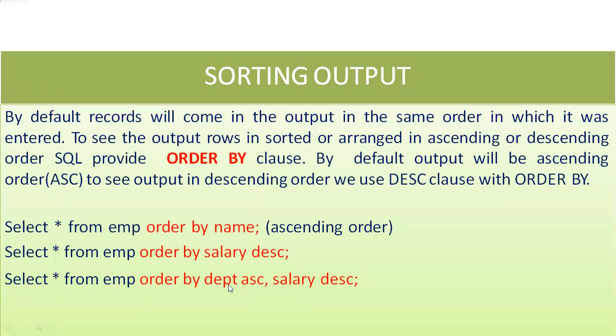So ORDER BY DPT ASC and salary DESC. Both values are arranged, DPT in ascending order and the salary column in descending order. Both can be used with ORDER BY, separated with a comma. ORDER BY column name ASC, this column will be in ascending order, and comma, salary descending order.